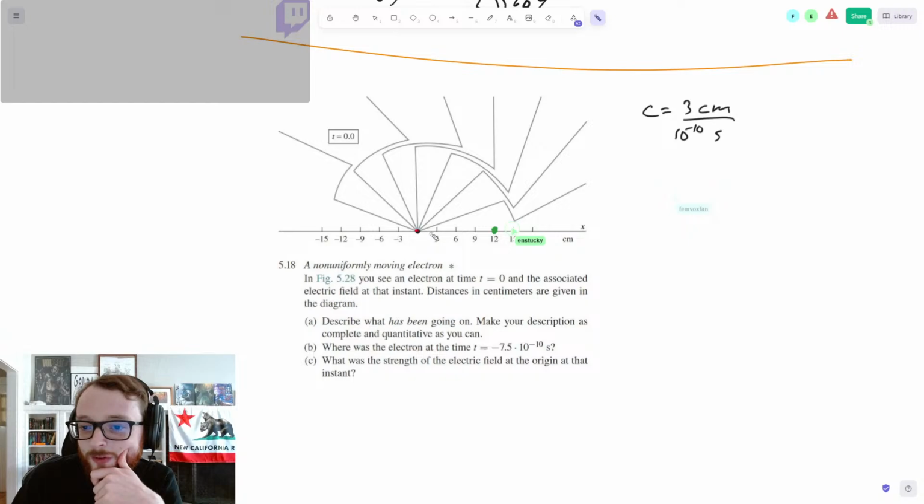Maybe it was moving to the right and it turned around? No. No, it's been moving toward the origin. But things far away just haven't noticed this yet, right? So it stopped a while ago, is the point.